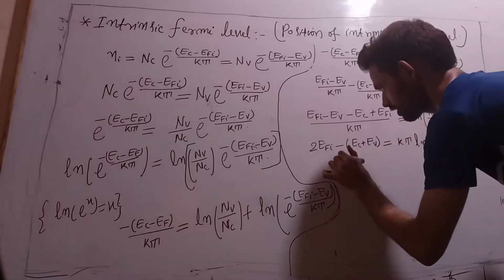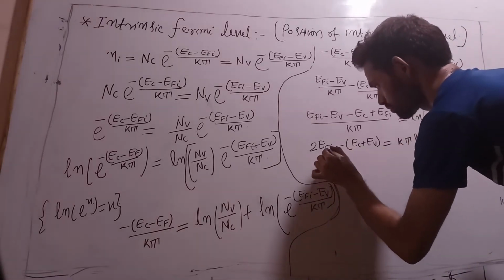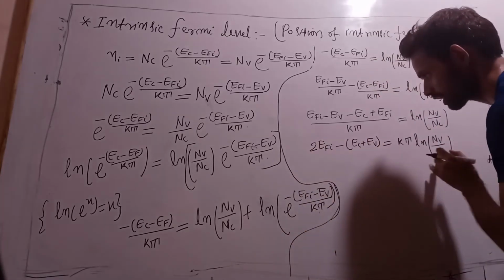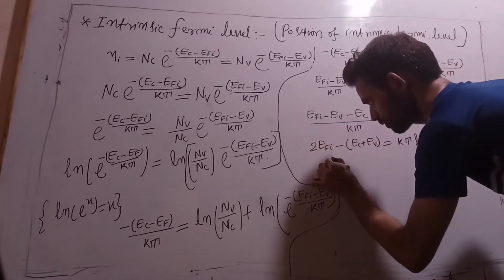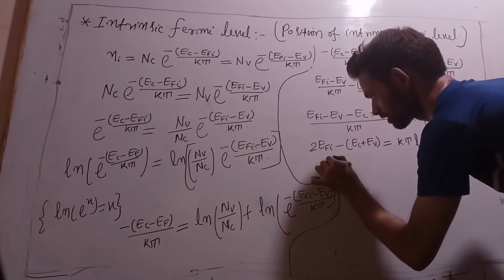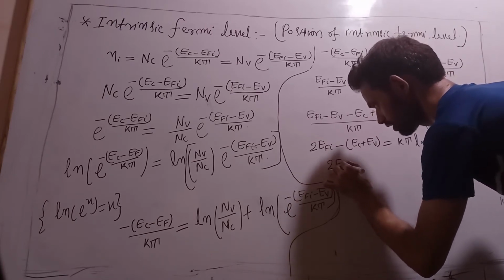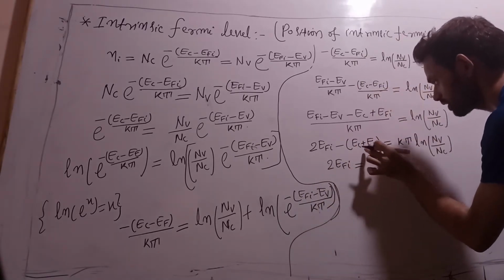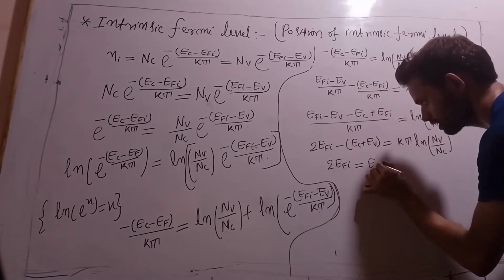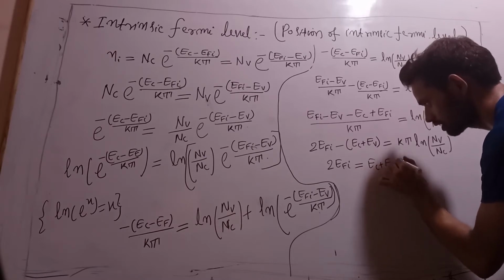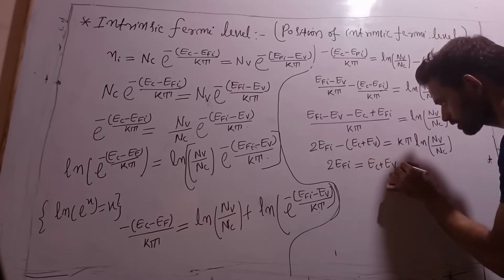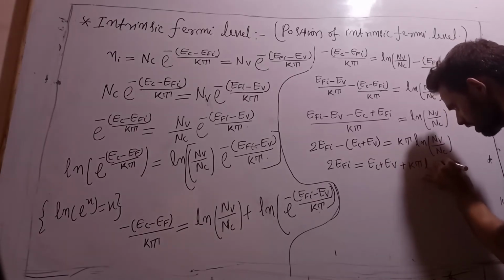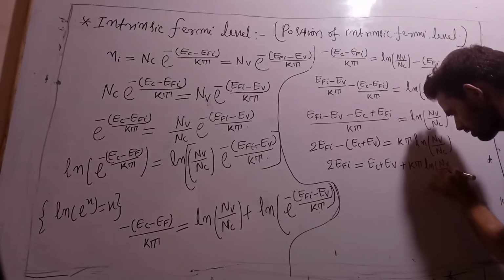Okay, so now see here, take this two to this side, take this two common, so what will we get from here? 2 Efi is equal to, take this Ec plus Ev this side, we will get Ec plus Ev plus kT ln Nv by Nc.